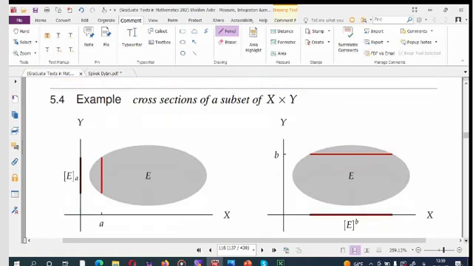We can see the definition of cross section in these two figures.